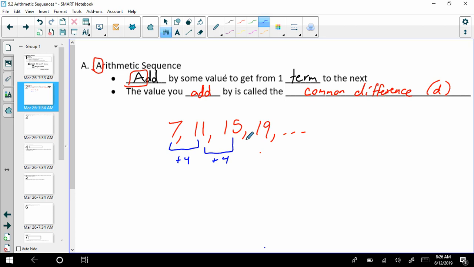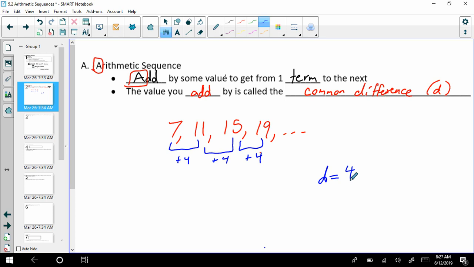Hey, they added 4. Hey, they added 4. If they are adding by the same number every single time, it is an arithmetic sequence. And on this problem, since they're adding by 4 each time, I would say the common difference is 4. That is the number they are adding by each time.